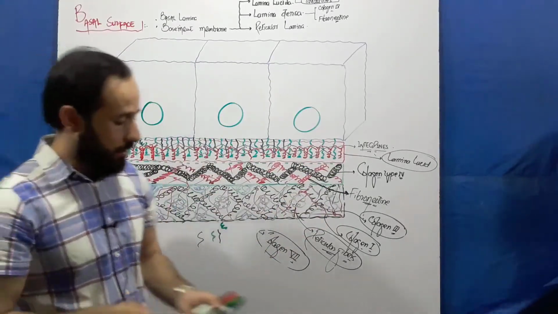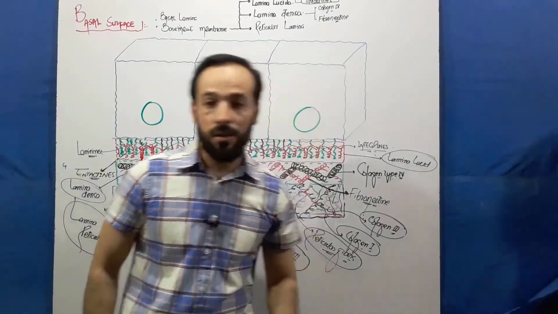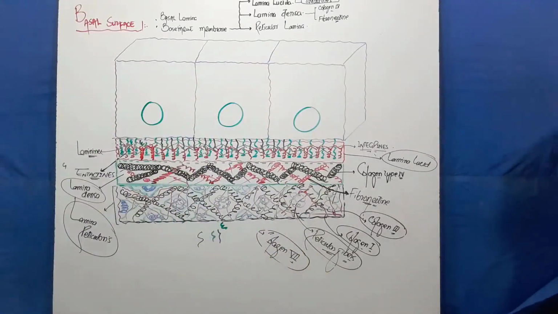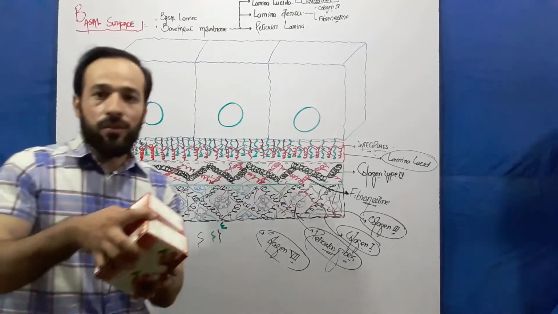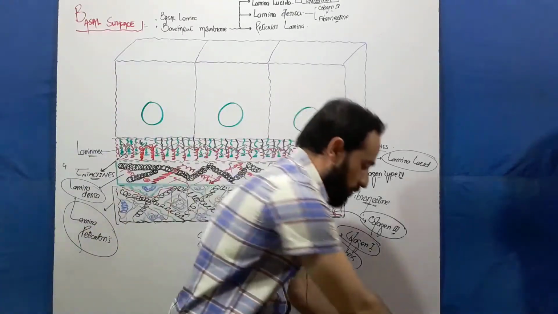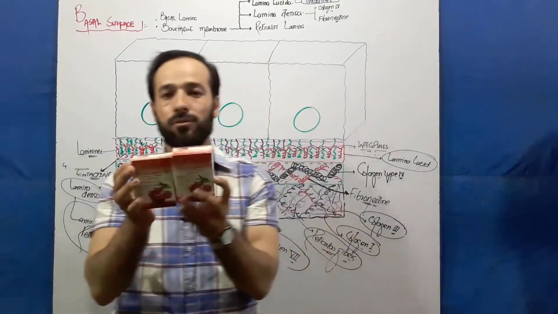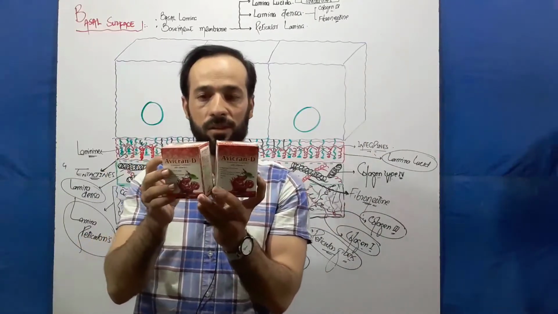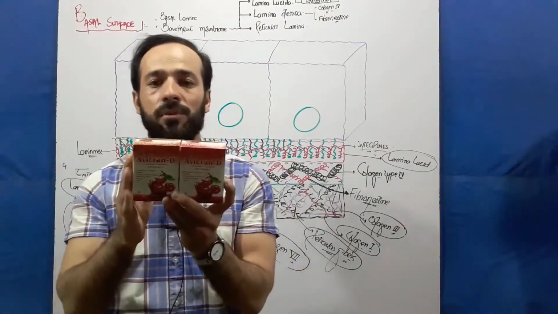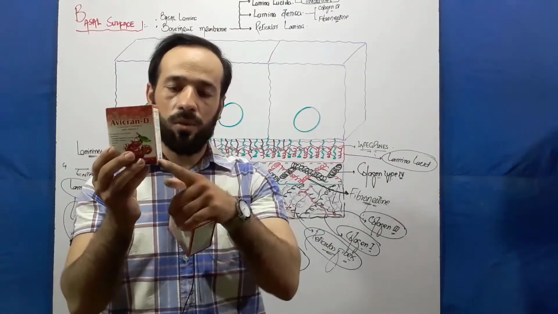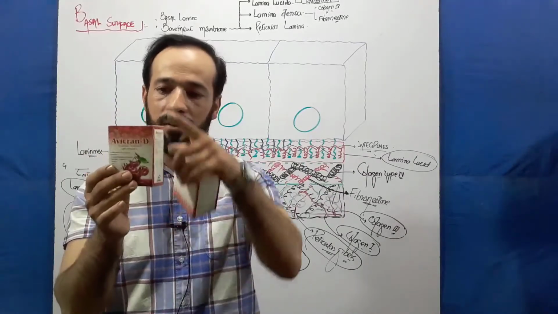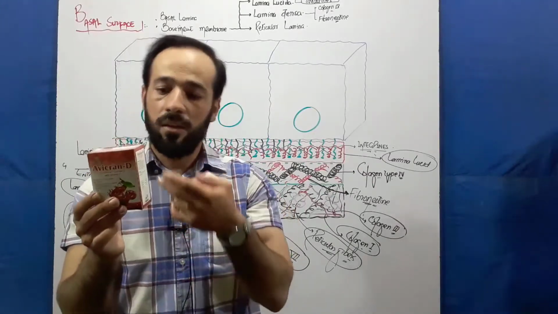Now in this lecture, I had told you that if these are the epithelial tissues, epithelial cells, then this one epithelial cell has one lateral side, one basal side and one apical side.